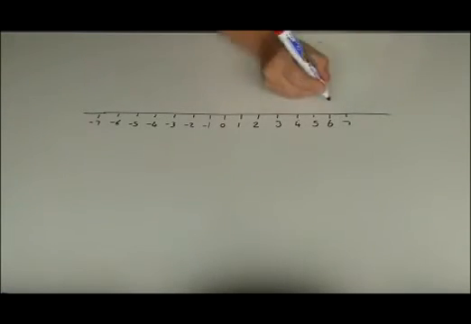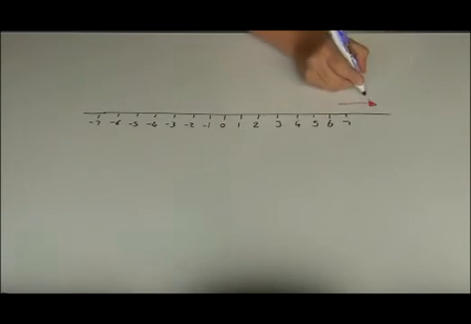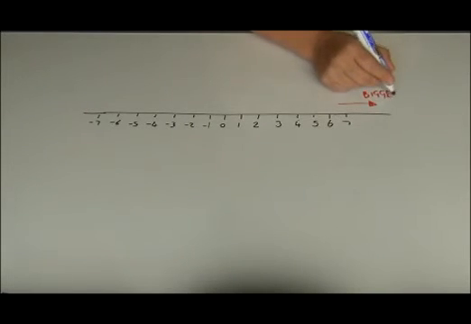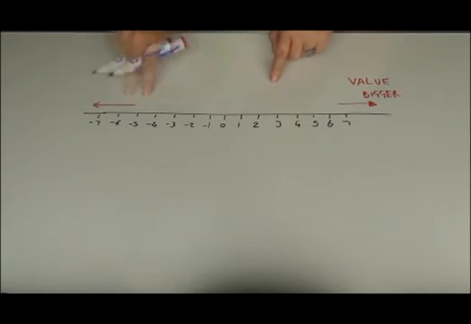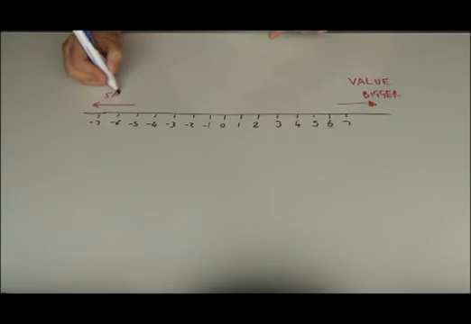Now the problem is, we all know that as we count up, if we go this way and keep counting, our numbers get bigger. The value of the number is bigger. If we go this way, then the numbers must be getting smaller.